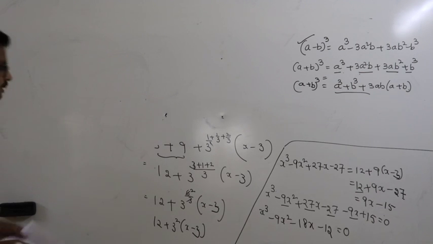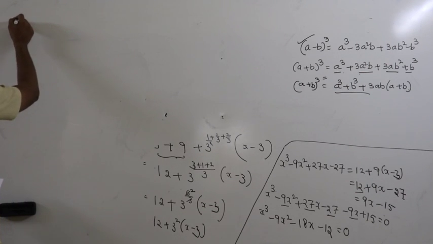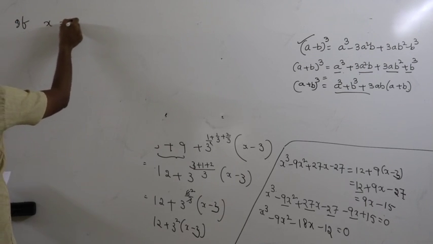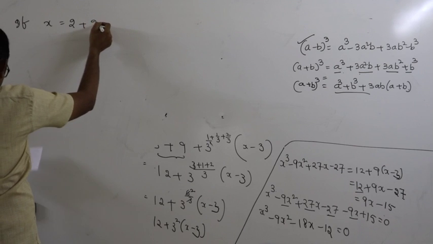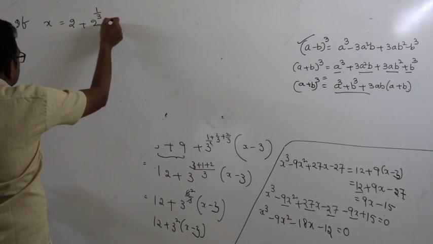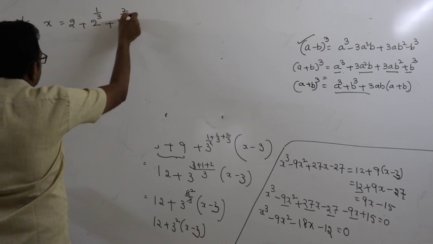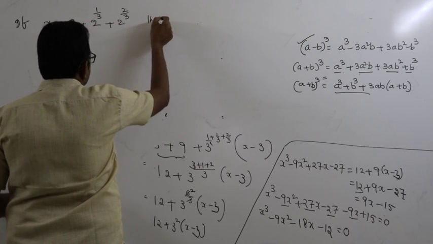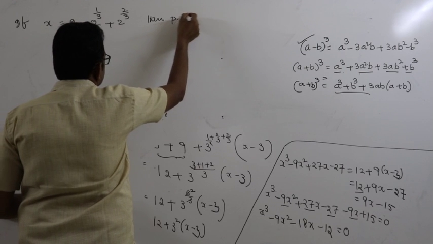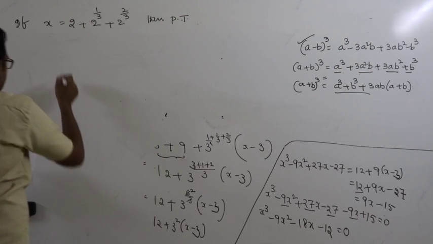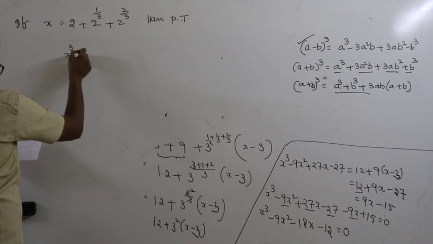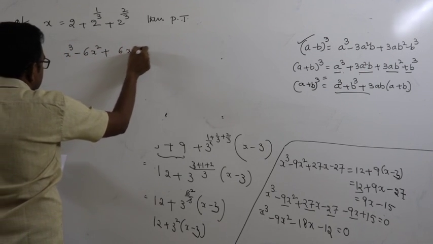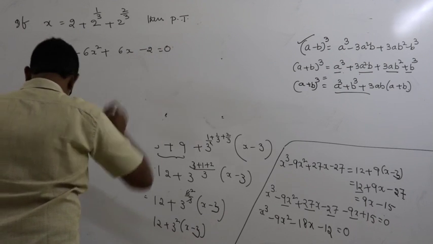In the same model, you do the problem. If x is equal to 2 plus 2 power 1 by 3 plus 2 power 2 by 3, then prove that x cube minus 6x square plus 6x minus 2 is equal to 0.